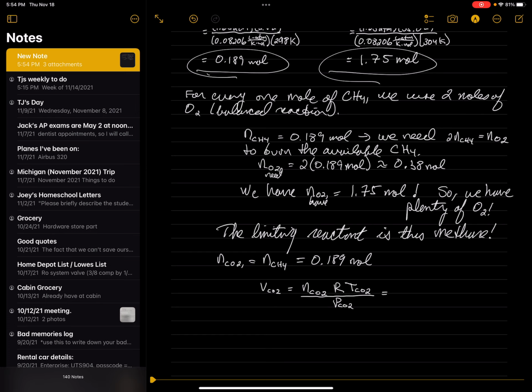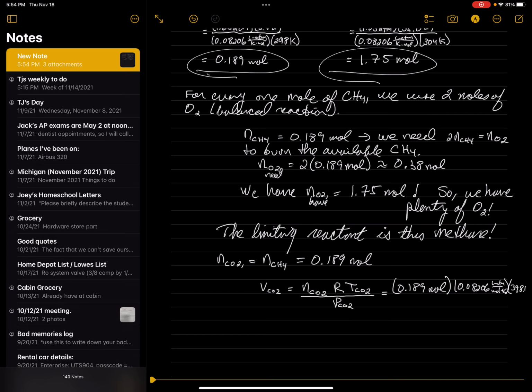And so this then becomes 0.189 times our good friend 0.08206 times the temperature of 398.15.